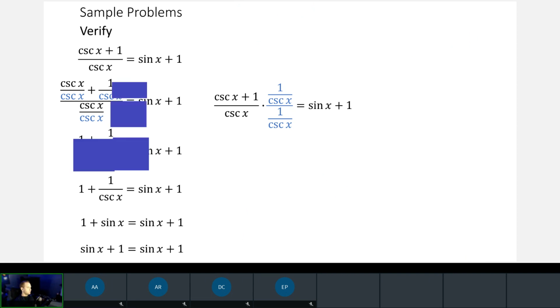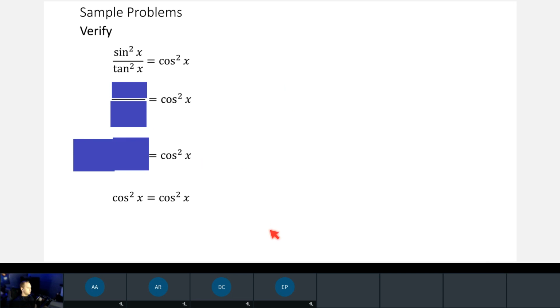All right. Number 13. Okay, so sine squared of x over tan squared of x equals cosine squared of x. And we want to verify that this equals, well, this. So our goal is to go from here all the way down to here.